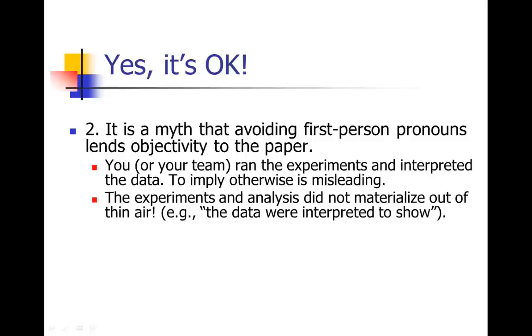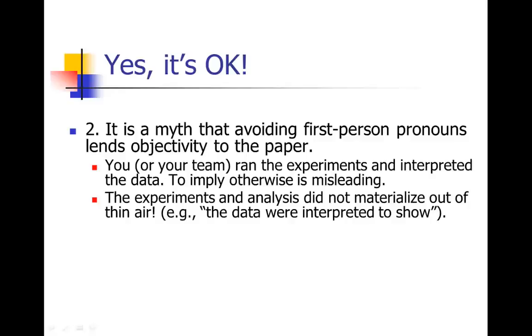It doesn't make the manuscript more objective if you pretend that you weren't involved in the experiments and the interpretation of the data. Because of course, you or your team ran those experiments, you interpreted that data, and putting in the passive voice, the data were interpreted to show, makes it sound as if those experiments, that interpretation just kind of came on from up high, and obviously that's not what happened.